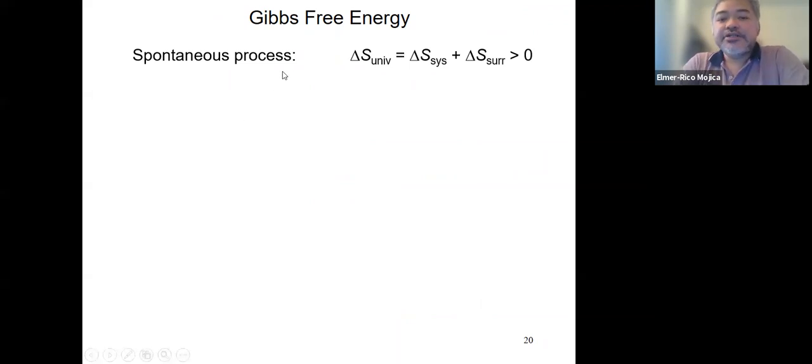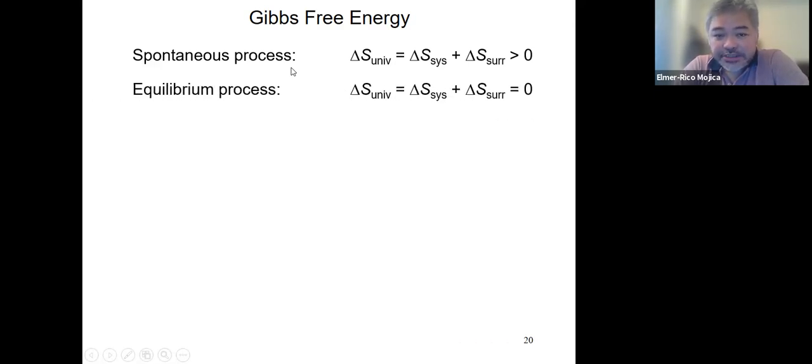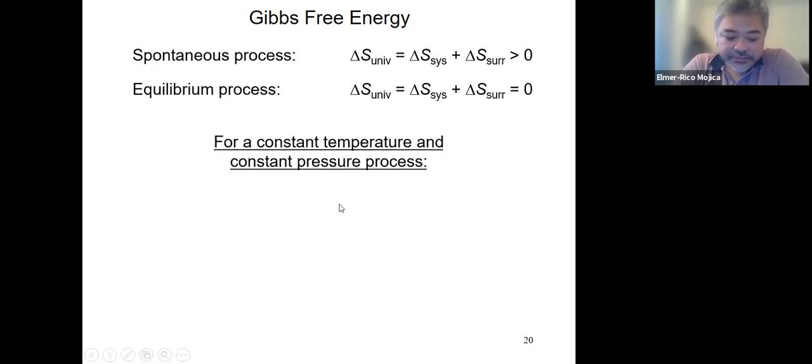As we know, in a spontaneous reaction, the entropy of the universe is increasing. That means the delta S is positive. And in an equilibrium process, the delta S of the universe is equal to zero because the delta S of the system is equal to the delta S of your surroundings. Now, how are we going to put into action the knowledge that we have with respect to the delta H and the delta S?